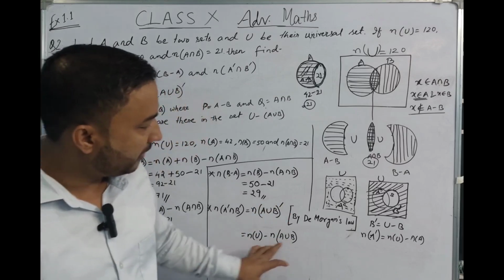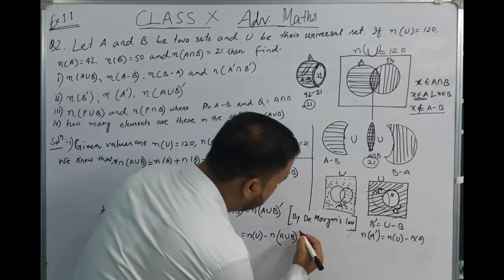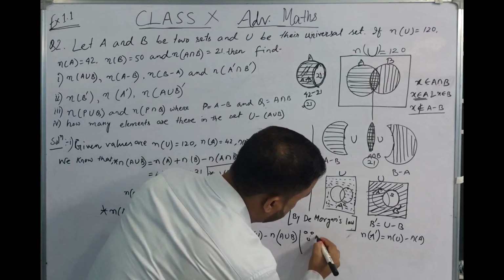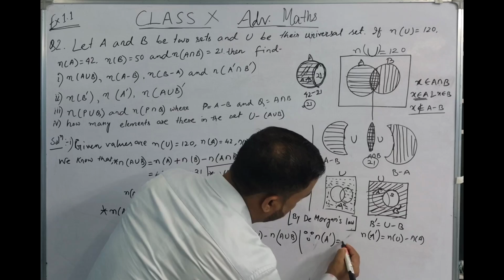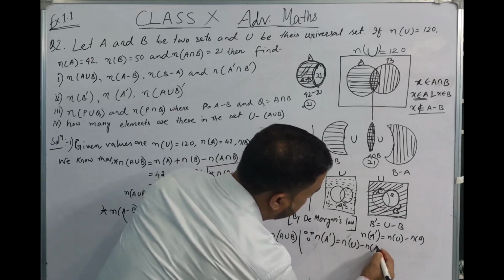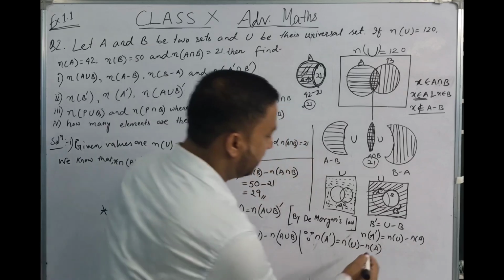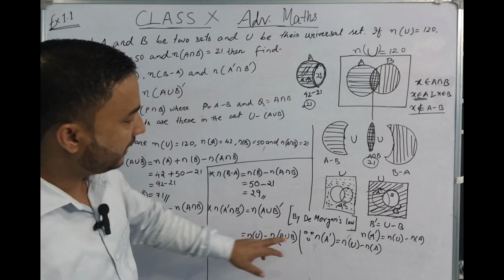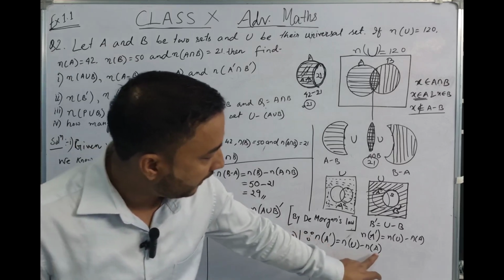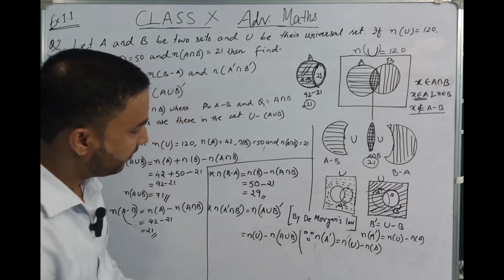Where do I get this formula? Since the number of A complement is equal to the number of U minus the number of A, from this formula you just compare A with A union B, put the value of A as A union B, and you will get this.